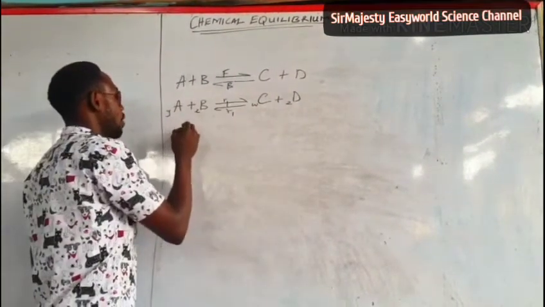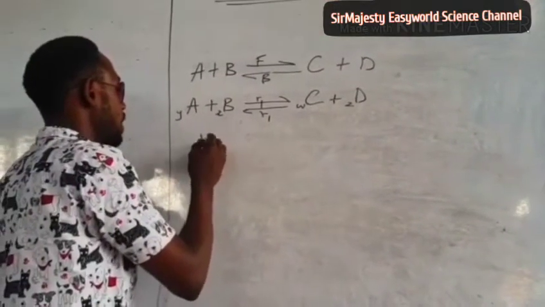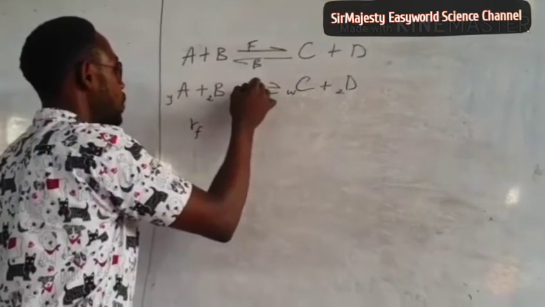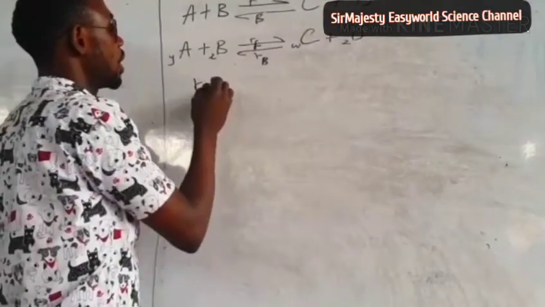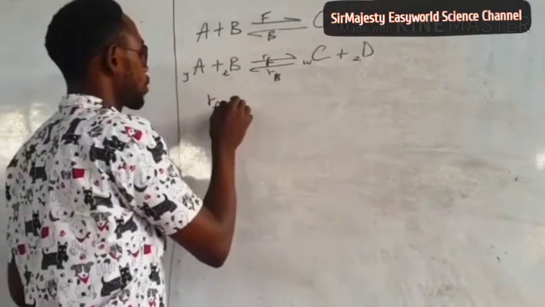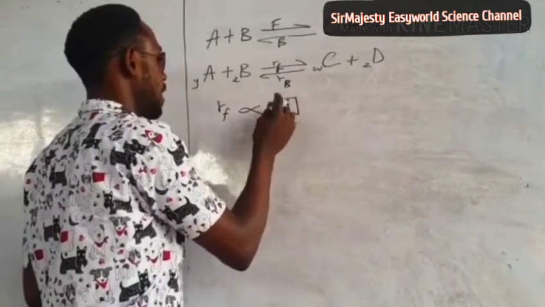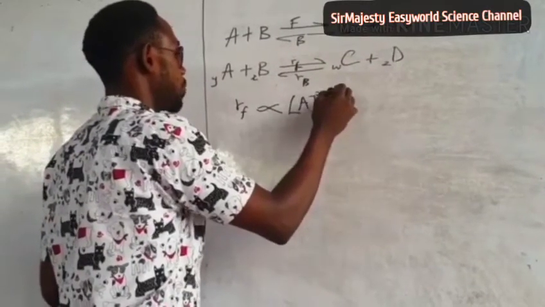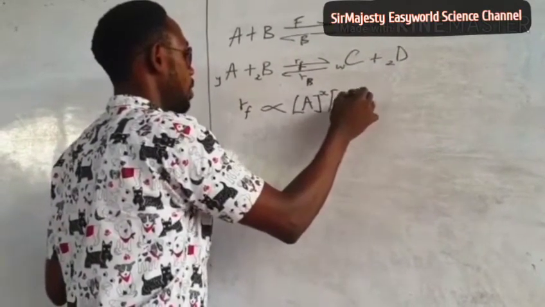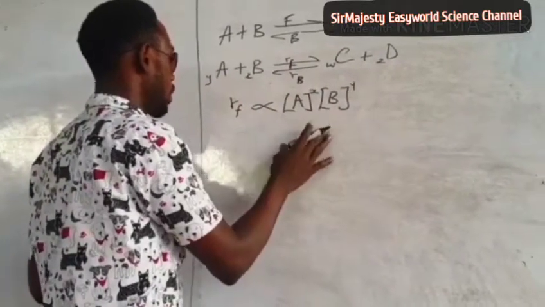So according to the law of mass action, let's take the rate at which the forward reaction occurs as Rf, and the rate at which the backward reaction occurs as Rb. The rate of the forward reaction is directly proportional to the active masses of the reactants, which are the concentration of A and the concentration of B raised to the power of the coefficients in the balanced chemical equation.